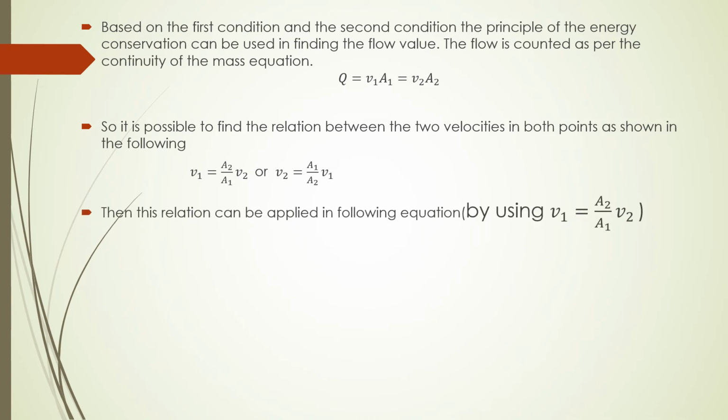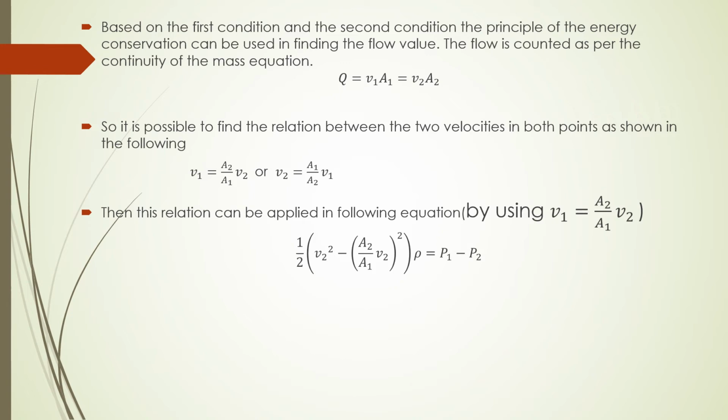Now from those relations we can apply V1 equals the cross-sectional area 2 divided by the cross-sectional area 1 multiplied by the velocity at point 2. You will see the resultant Bernoulli equation became like this: half multiplied by V2 square minus A2 divided by A1 multiplied by V2, all squared, multiplied by the density equals P1 minus P2.